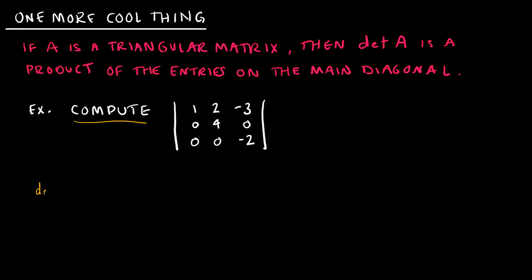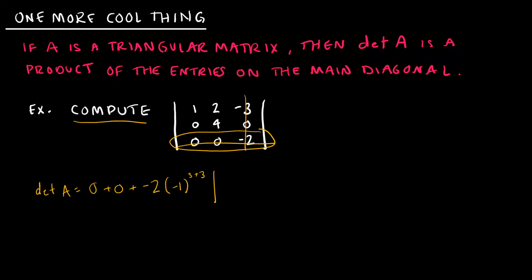If I were finding the determinant, I would choose probably this row right here. So the determinant of A would be 0 plus 0 plus negative 2, and then I would take negative 1 to the 3 plus 3, and then the determinant of 1, 2, 0, 4.